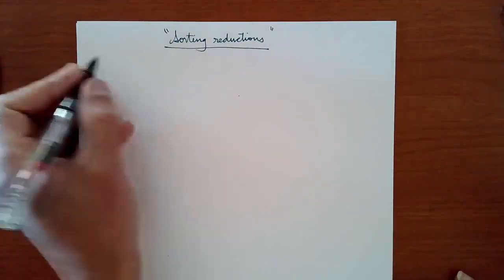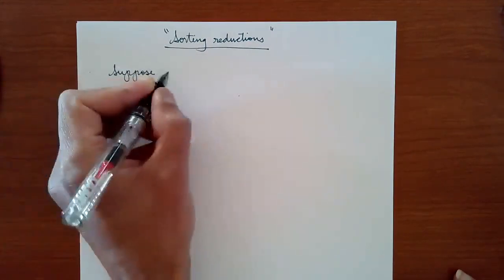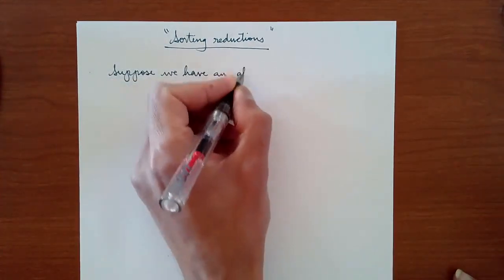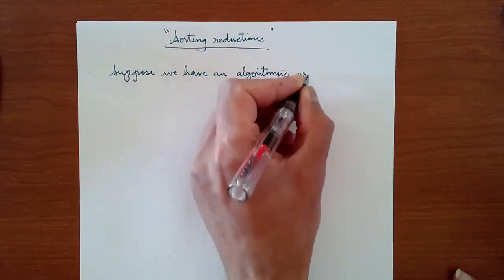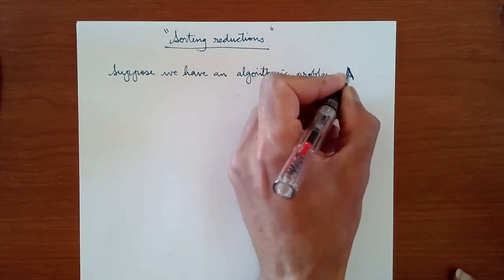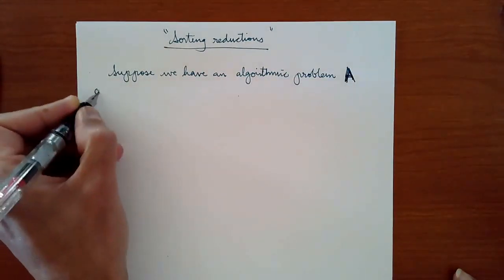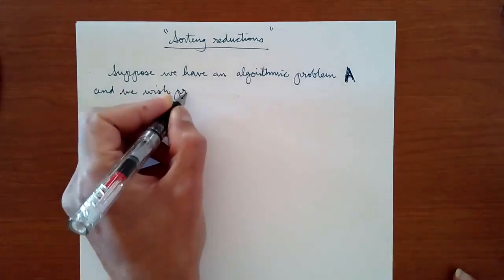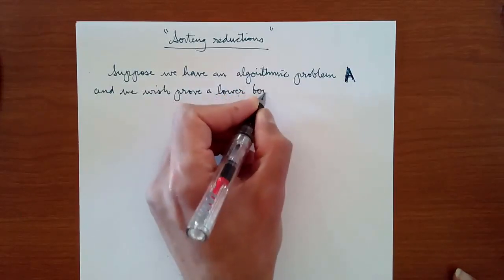It says that suppose we have an algorithmic problem that I'll call bold A, and we wish to prove a runtime lower bound for running time.